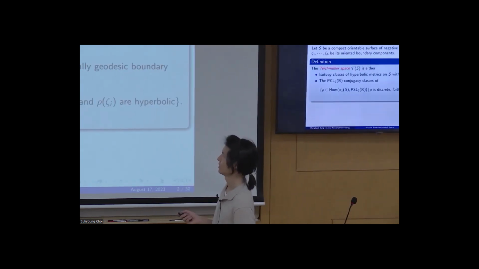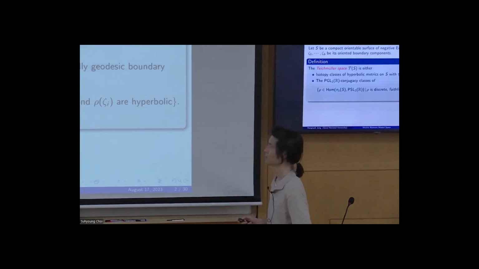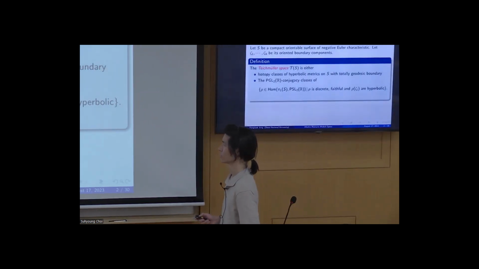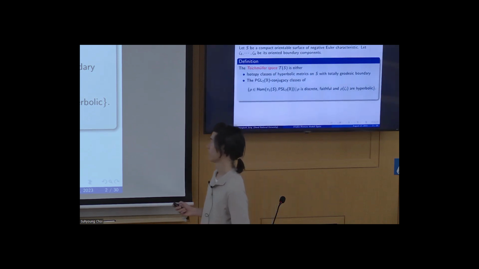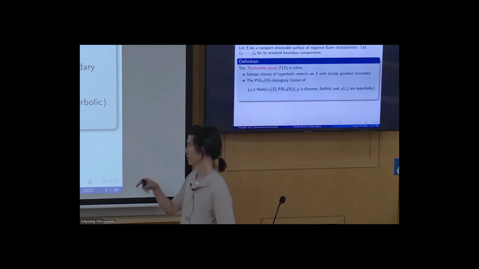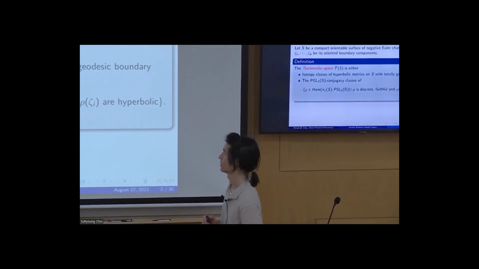If we do this, we can identify this Teichmüller space with the character variety in the following way. We collect all the representations that are discrete and faithful, and this totally geodesic condition can be translated this way: we evaluate the representation at the boundary components, and it is supposed to be a hyperbolic element, that is, diagonal with distinct eigenvalues.